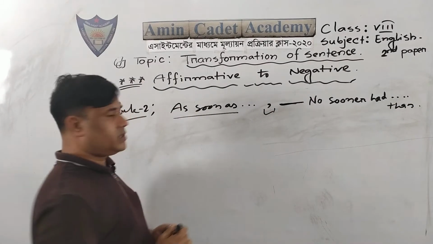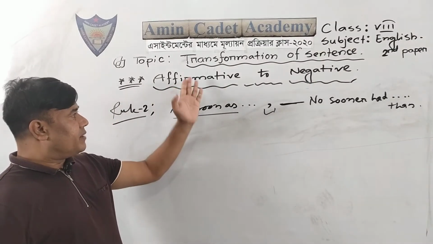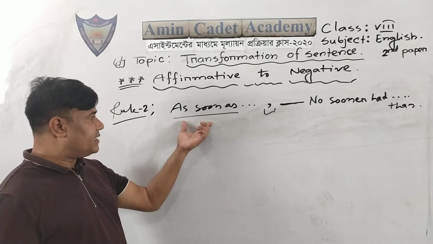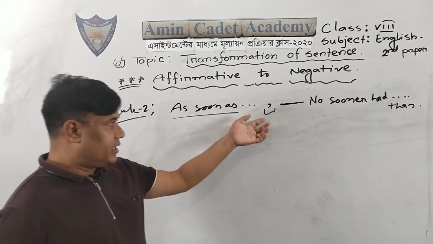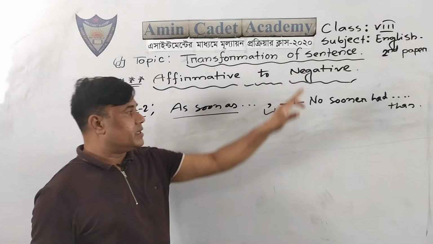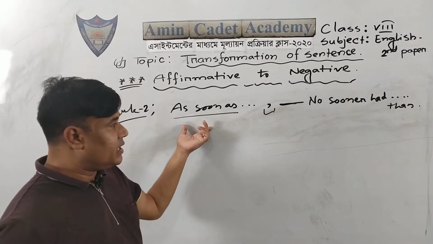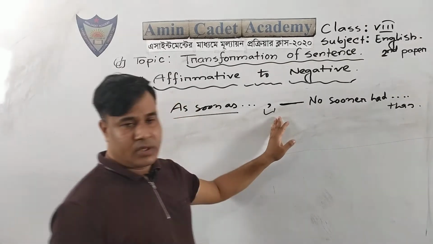Okay, so listen to me. If any affirmative sentence carries as soon as ..., comma, then if you want to transform that affirmative sentence into a negative sentence, you should use no sooner had instead of as soon as, and then instead of comma.